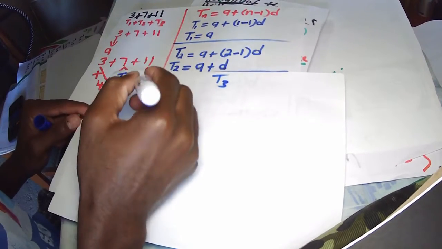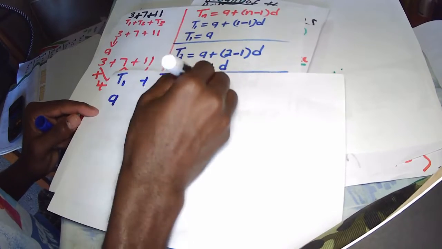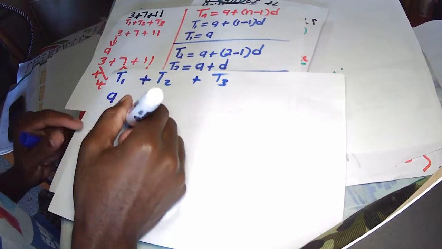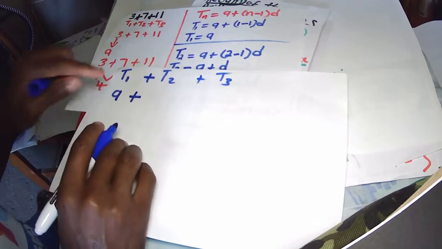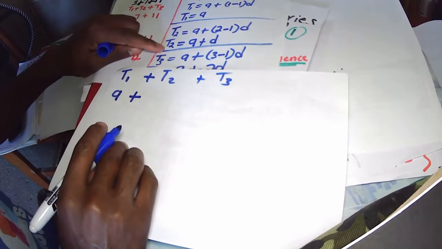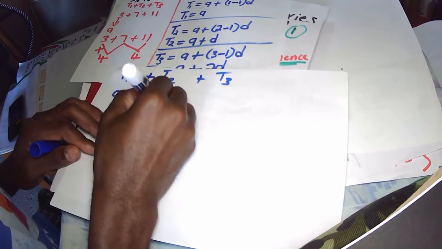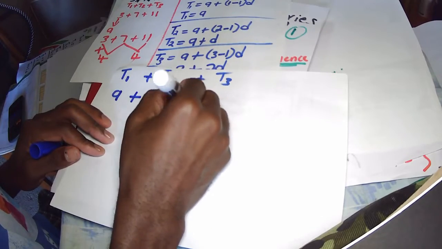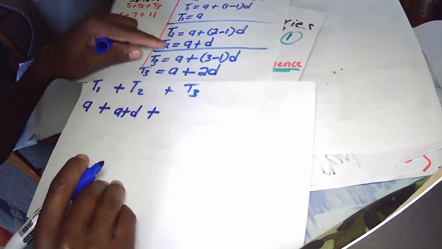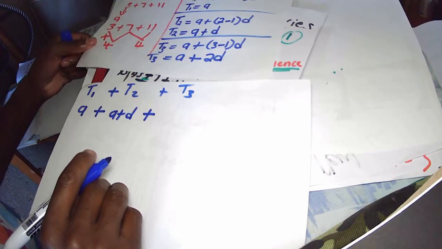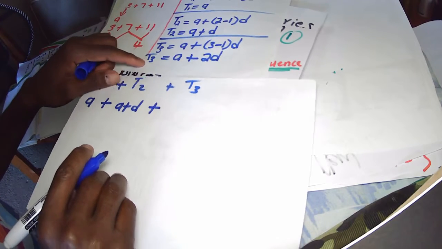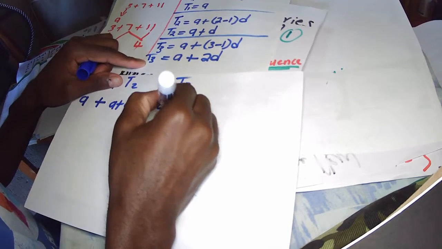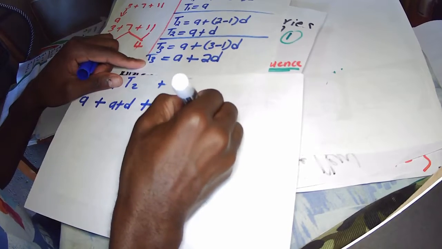T1 is A, plus, since we're dealing with the sum of the series. T2 we calculated to be A plus d, plus. T3 is A plus 2d.